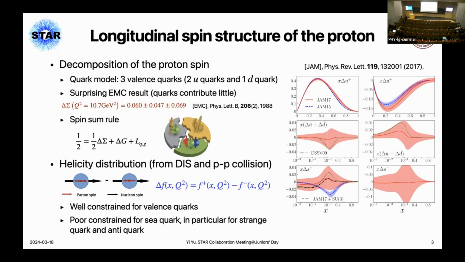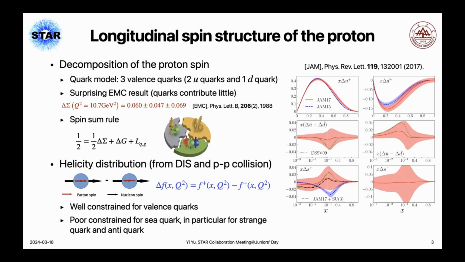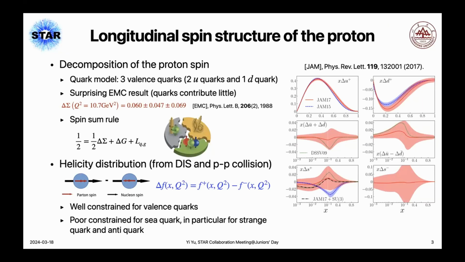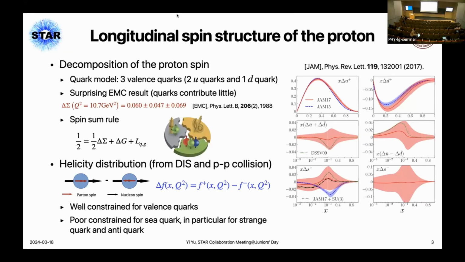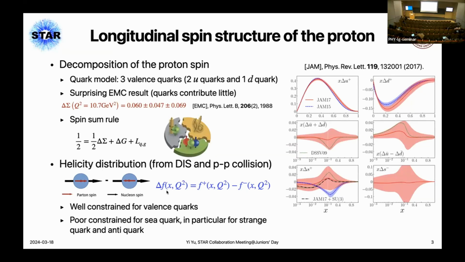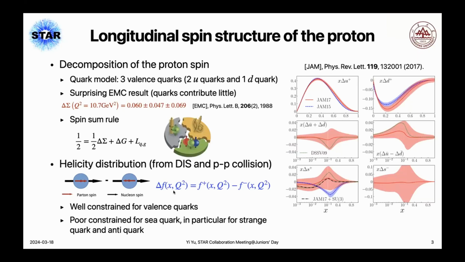For the longitudinal spin structure of the proton, which means the polarization direction of the proton is along its momentum direction, we use the helicity distributions to describe its internal structure. The helicity distributions at the leading order can be defined as the difference of the parton density which is parallel to the proton spin and anti-parallel to the proton spin.